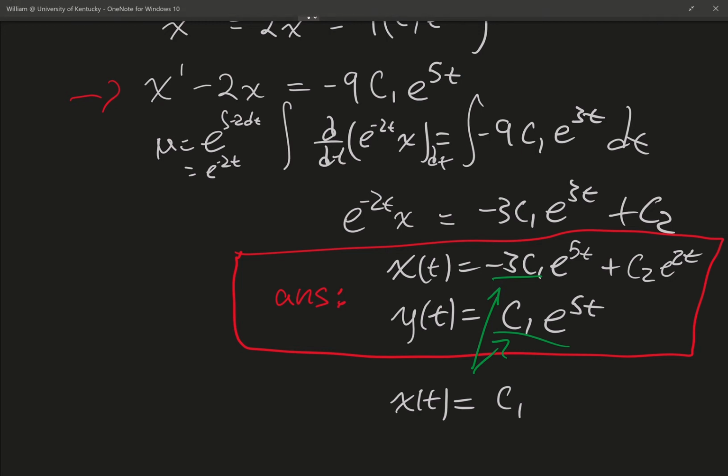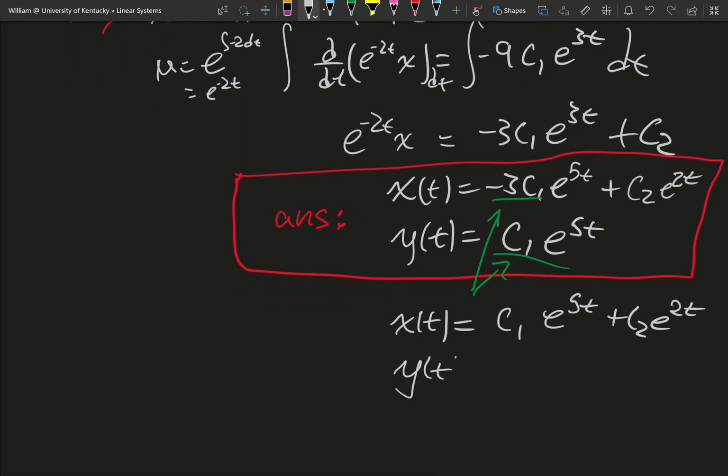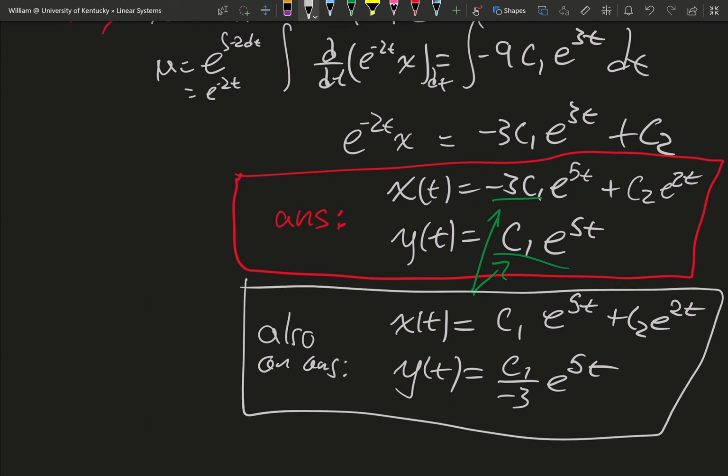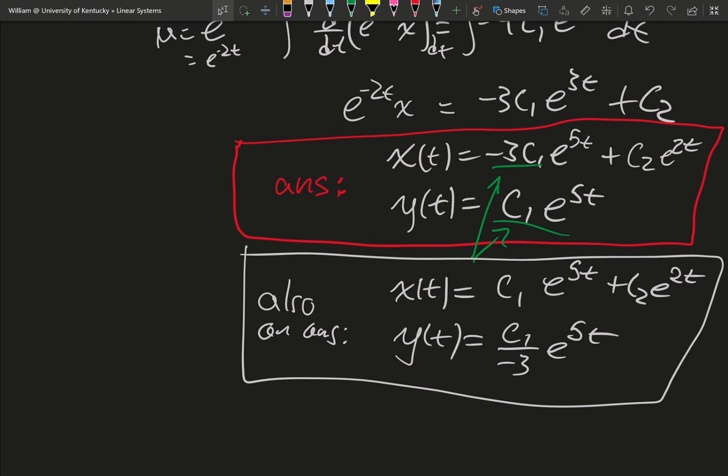We could multiply this constant by -3, but then we would have to divide it by -3 over here. We have to make sure that the constants could represent the same thing.